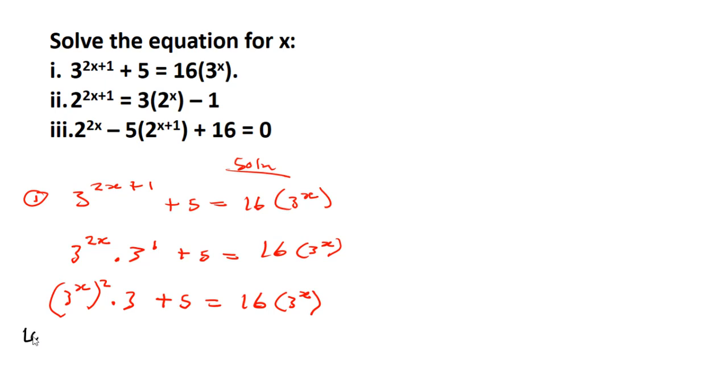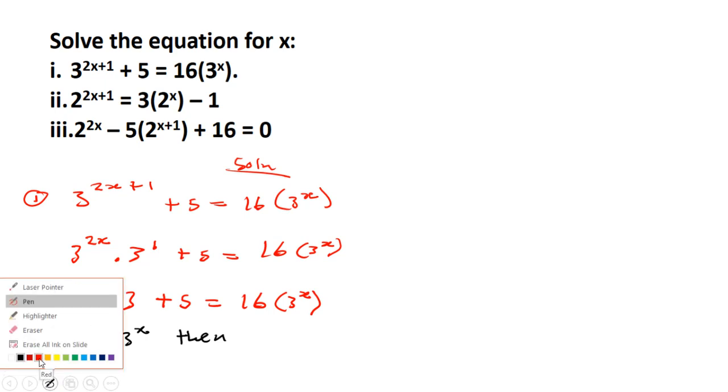So we can say let p be equal to 3 to the power x. Since we have made p equal to 3 to the power x, that simply means that where there is 3 to the power x, we can just simply put p.